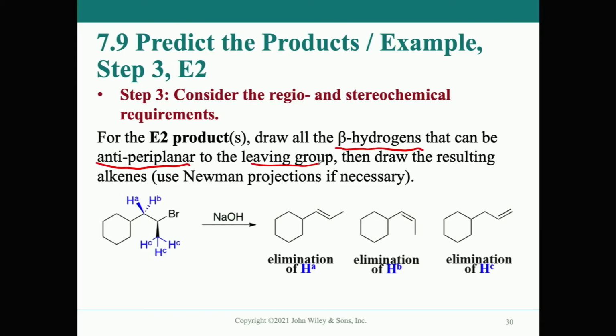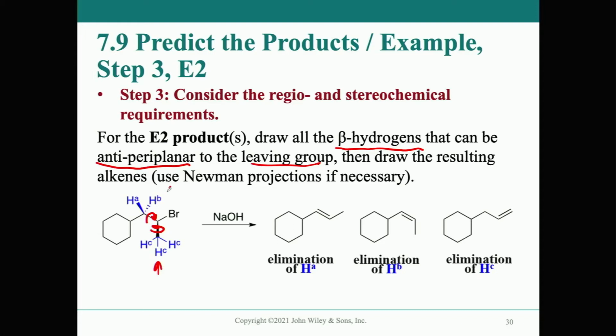That means we're going to have to rotate this bond and this bond too, to see which protons on the beta carbons can be anti-periplanar to the leaving group bromine. The methyl group down here is pretty easy because they're all the same proton, so all of them are susceptible for deprotonation and the leaving group leaving.